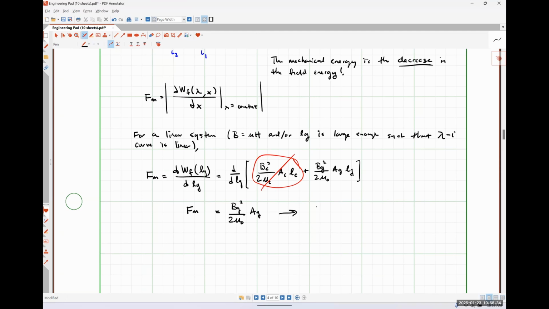So essentially, only energy stored in the air gap will contribute to the mechanical force.